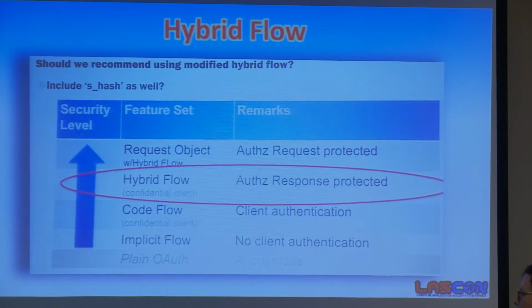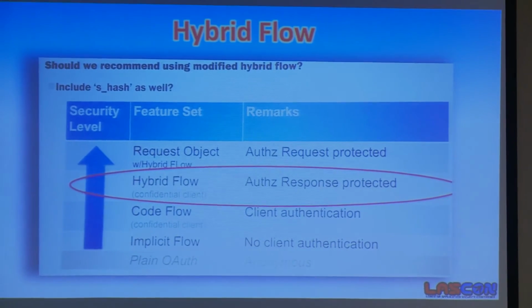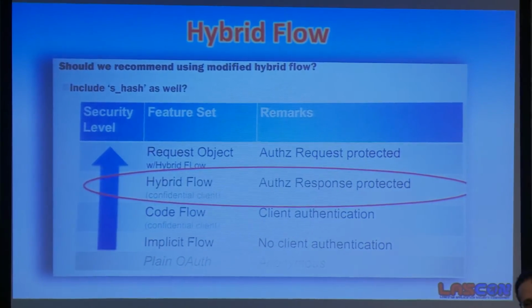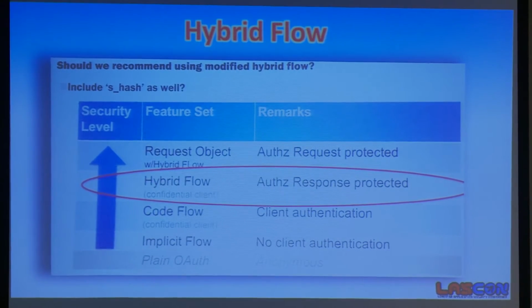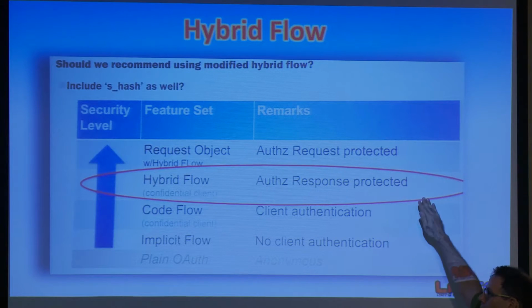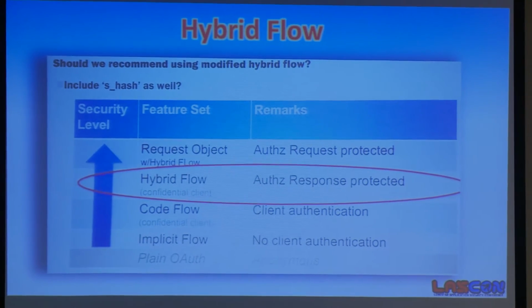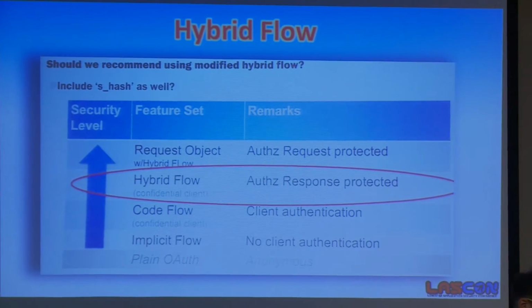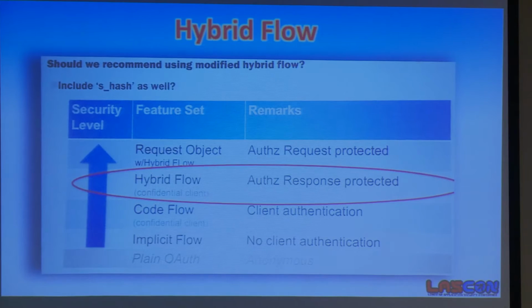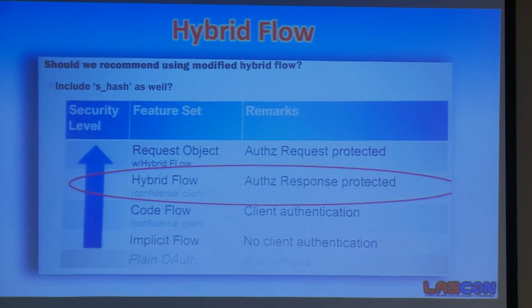So, at the bottom, let's say we have plain OAuth. Then we have implicit flow. Implicit flow had no client authentication, so it's not quite as secure. Then we have authorization code flow. What hybrid flow introduces is more signing of the request and signing of the response, and this adds extra security into the protocol. You don't need to use hybrid flow, but if you want to use it to add security, it's there.